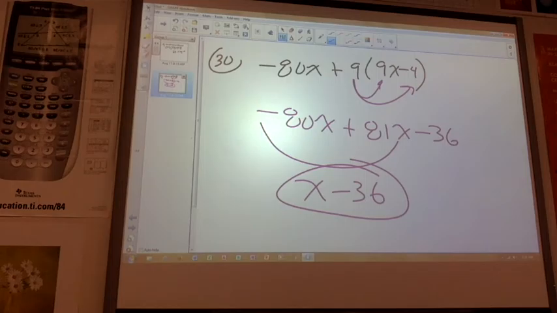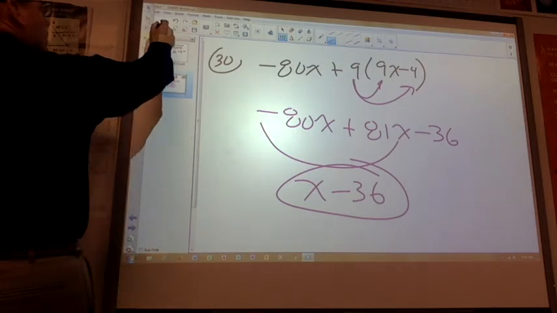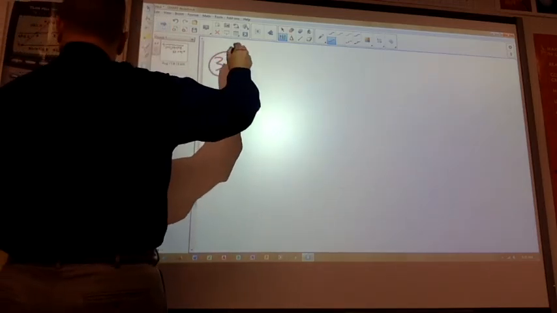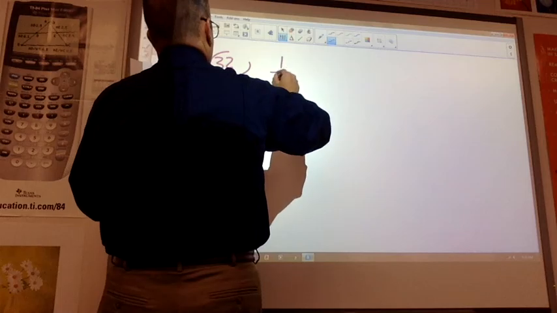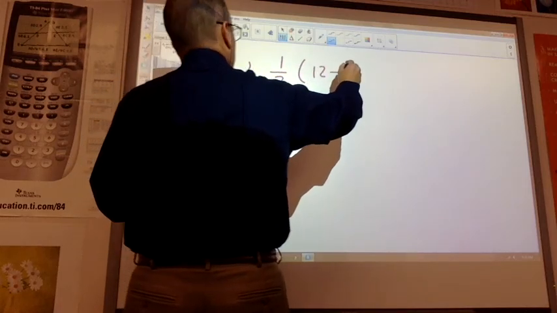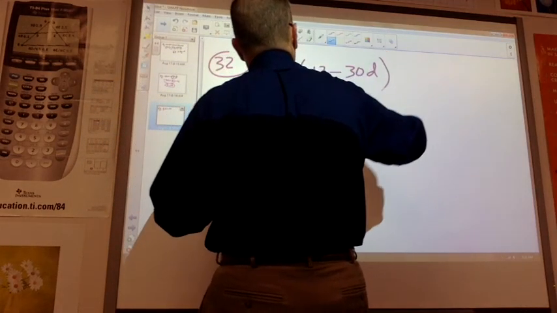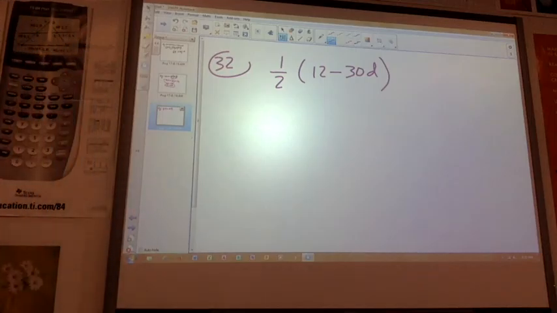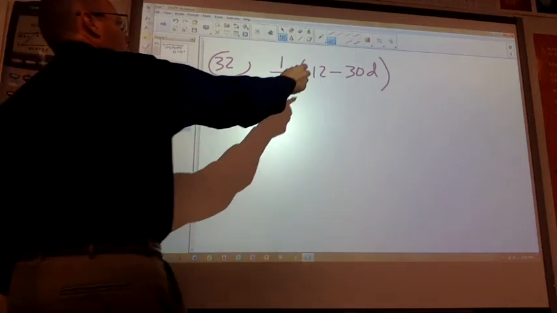Any other questions from worksheet 2B? Yeah? 32? So I have a half out front, and then 12 minus 30d. What am I going to distribute over the parentheses? 0.5 or half. Okay?